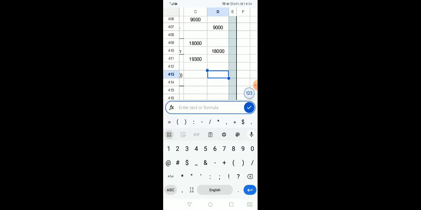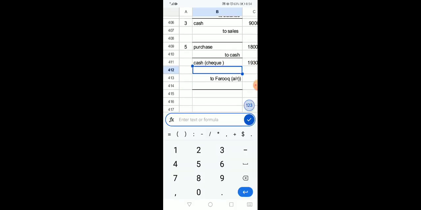But full settlement, actually we were supposed to receive the full amount. The actual amount was 19,600, which you were about to receive from Farooq. So you will write 19,600 over here.